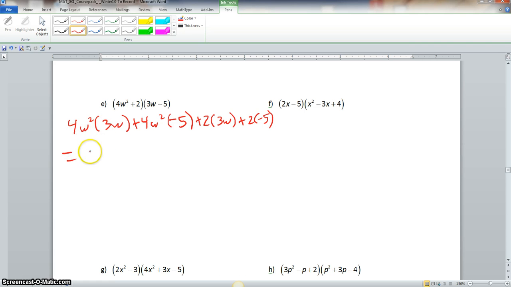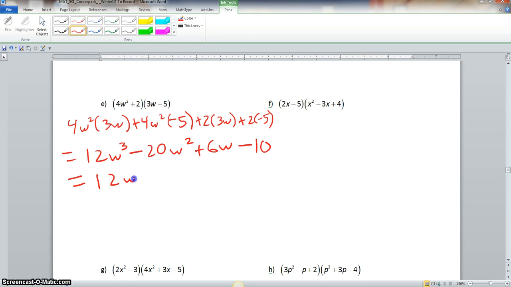Now, 4 times 3 is 12. W squared times w is w cubed. 4 times the negative 5 will give us a minus 20, and we'll bring our w squared down. 2 times 3w is 6w, a positive 6w. And 2 times a negative 5 will give you a minus 10.